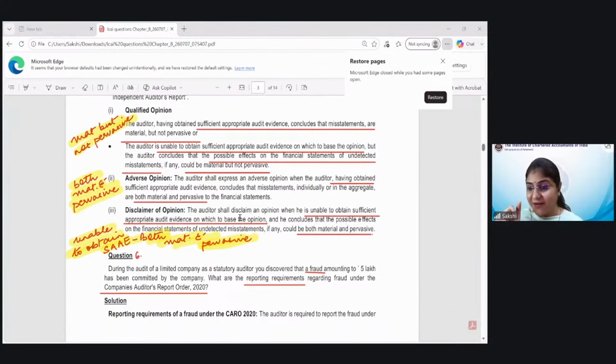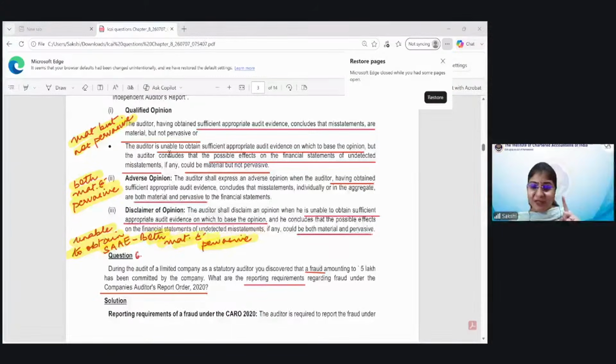So the possible effect on the financial statements of undetected misstatements, if any, could be material but not pervasive. So the entire play of qualified is material but not pervasive, whether he was able to obtain sufficient and appropriate audit evidence or he was unable to. Is this qualified opinion clear to all of you?